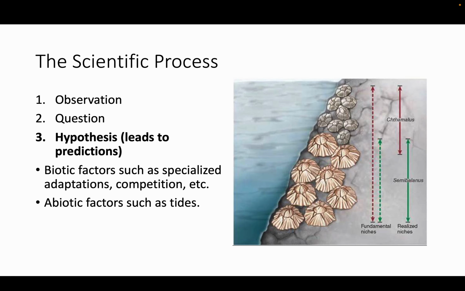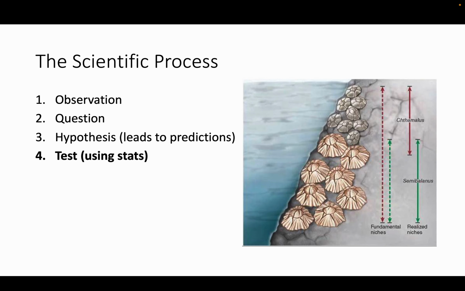Another example can be, maybe there are certain tide patterns that would affect their distribution throughout each time of the year. Again, we do not know which hypothesis to accept until we actually design an experiment, collect some data, and then test our data using statistics to prevent bias.